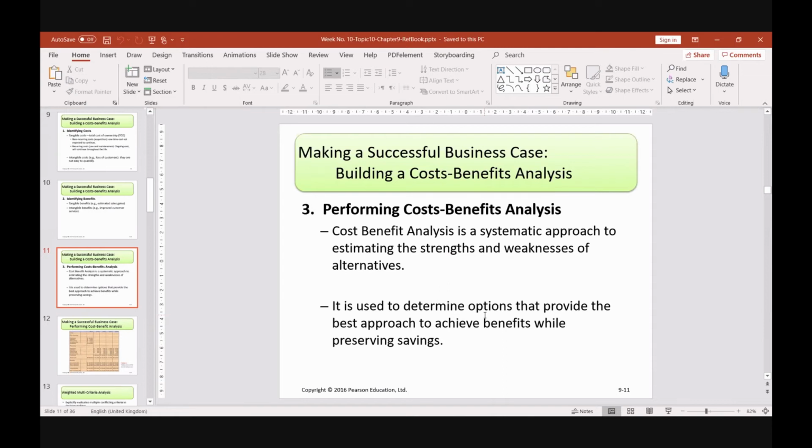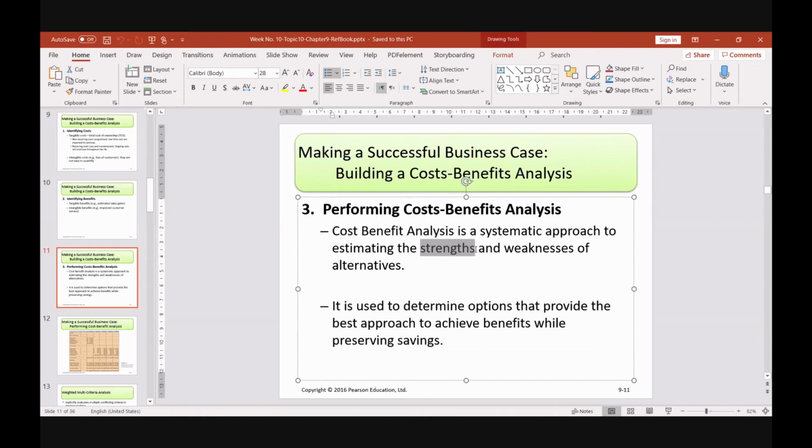So what are we going to estimate? There are two keywords here, strengths and weaknesses of alternatives. It means you are giving different solutions. So which solution is good? You will discuss the strengths and weaknesses.